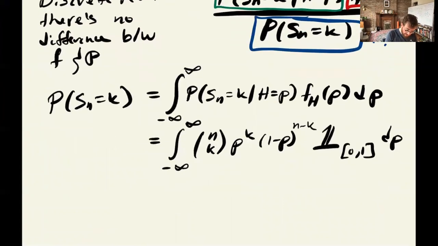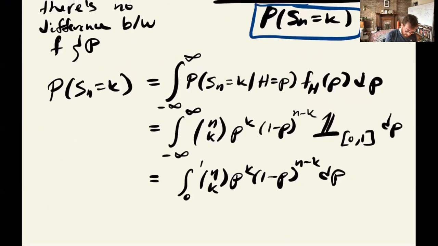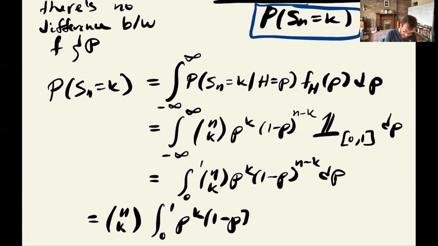So this allows me to think of this as the integral from 0 to 1 of n choose k, p to the k, 1 minus p to the n minus k, dp. Now notice n choose k doesn't really make any appearance here, so we can just pull it out and treat it as a constant. So we have n choose k times the integral from 0 to 1, p to the k, 1 minus p to the n minus k, dp.